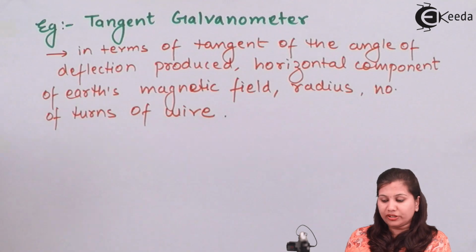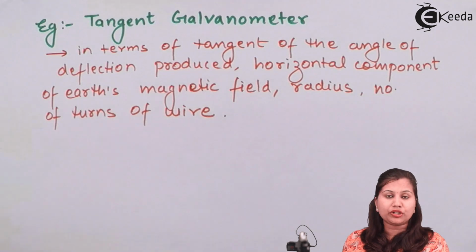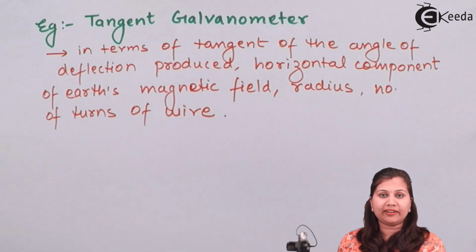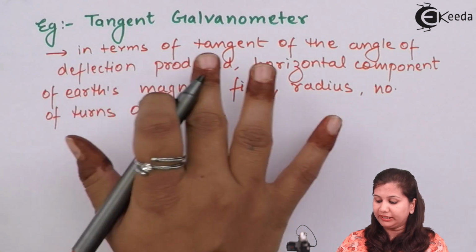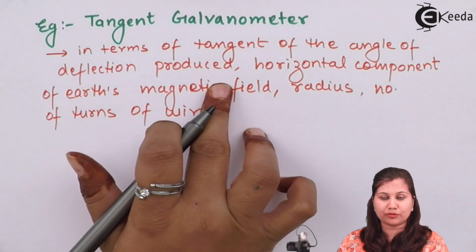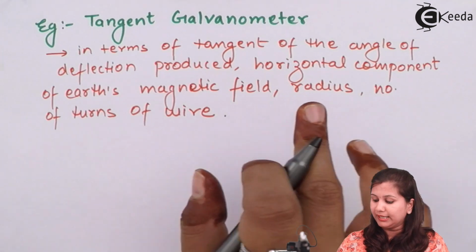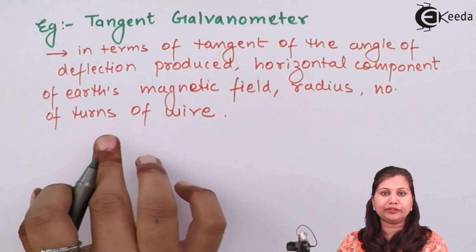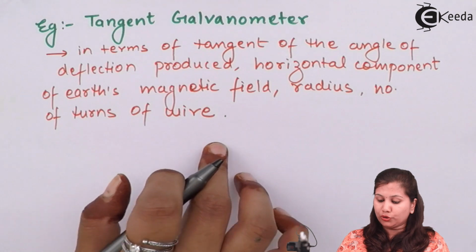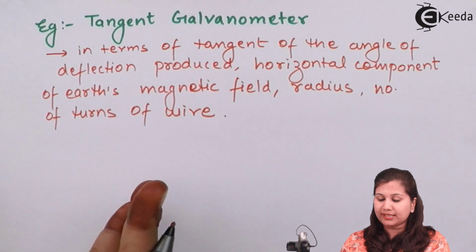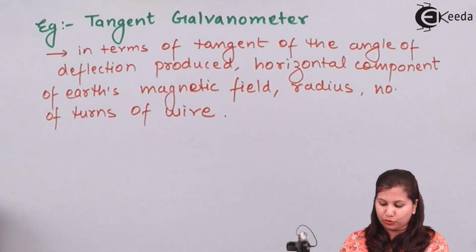Here the tangent galvanometer is measuring the current, but it is not directly giving us the value of the current. It gives its value in terms of the tangent of the angle of deflection produced, the horizontal component of the earth's magnetic field, the radius, and the number of turns of the wire. So it is measuring the current, but it is providing the value indirectly. So this is a type of absolute instrument.